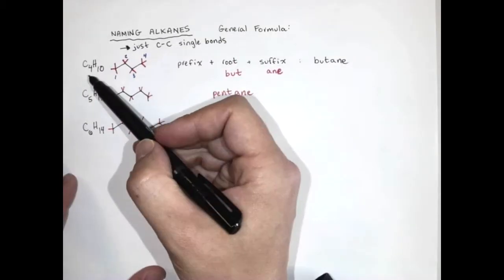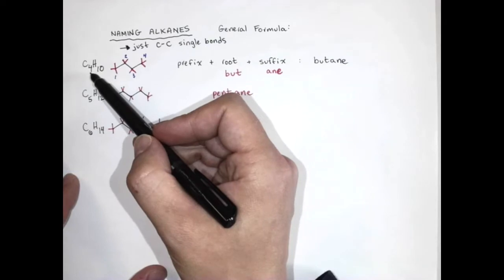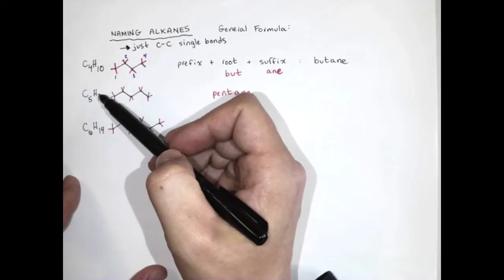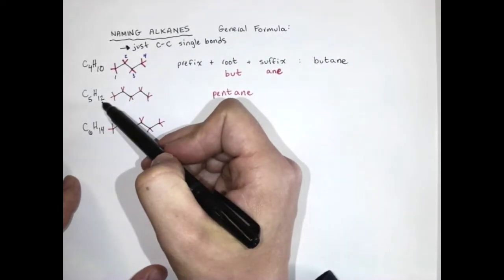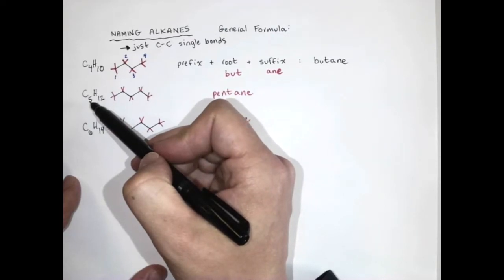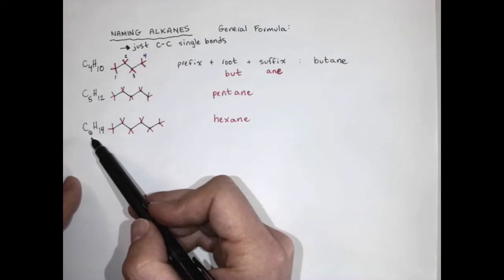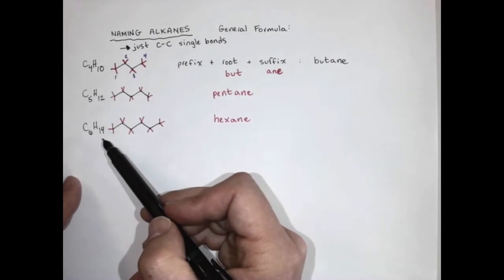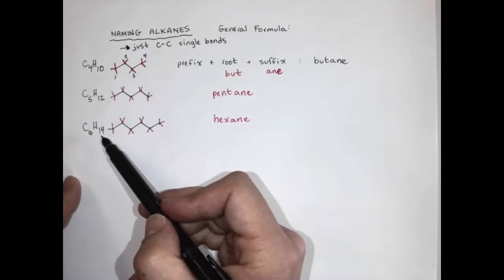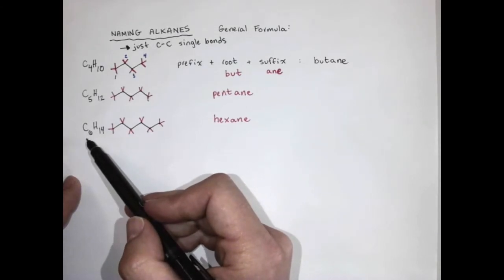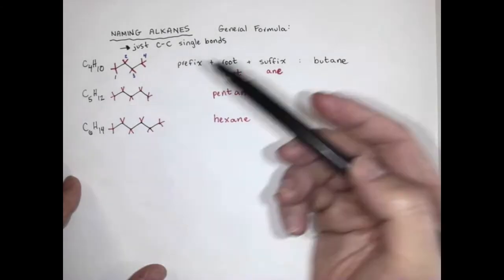If you look at this, 10 is 2 times 4 plus 2. For pentane, 12 is 2 times 5 plus 2. For hexane, 14 is 2 times 6 plus 2. So you're noticing that the number of hydrogens is just double the number of carbons plus 2.